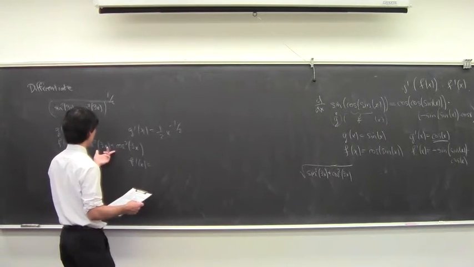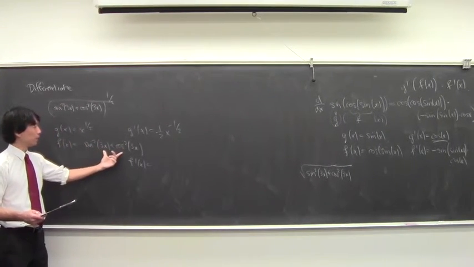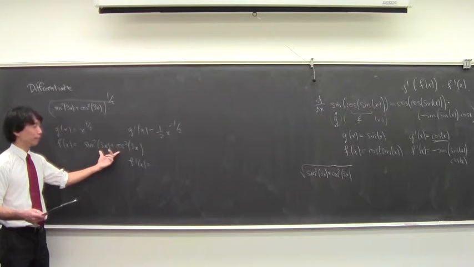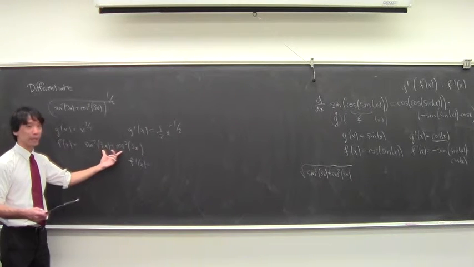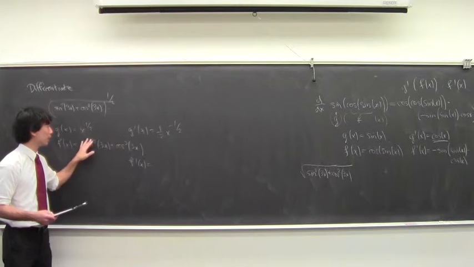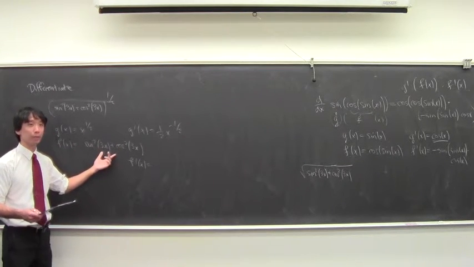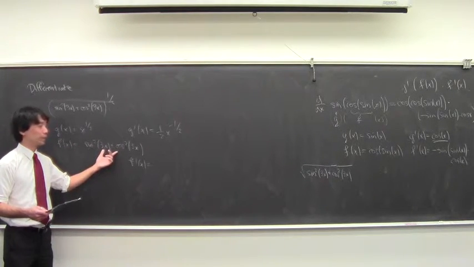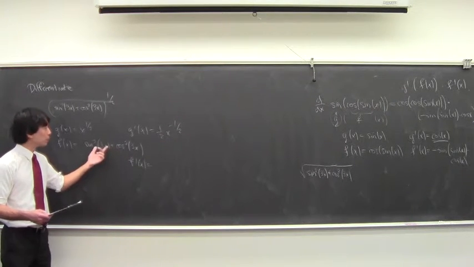So how would you get the derivative of this guy? If you didn't recognize that this was a constant and you were differentiating it, how would you get it using the chain rule? You could do them independently.